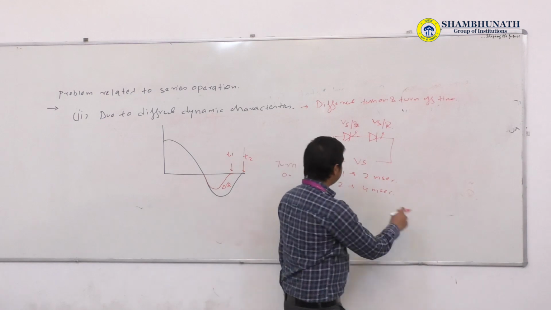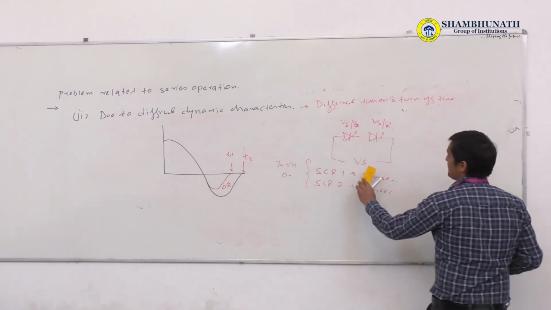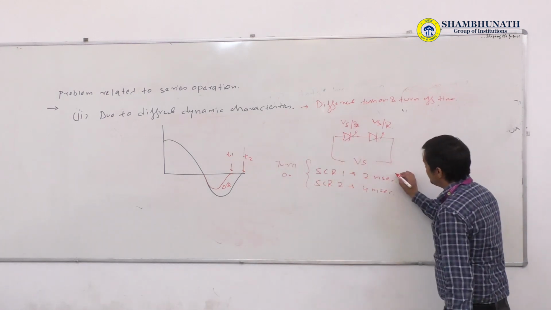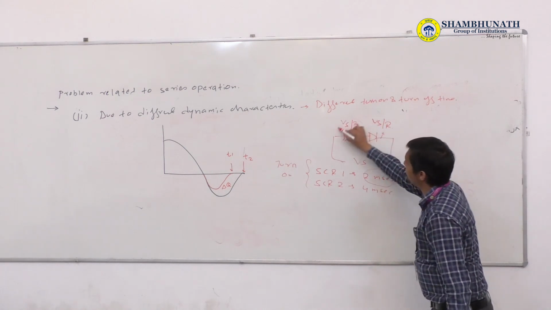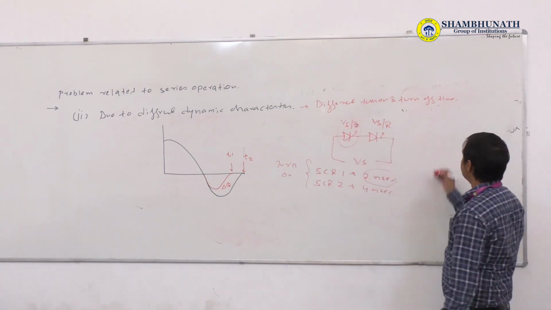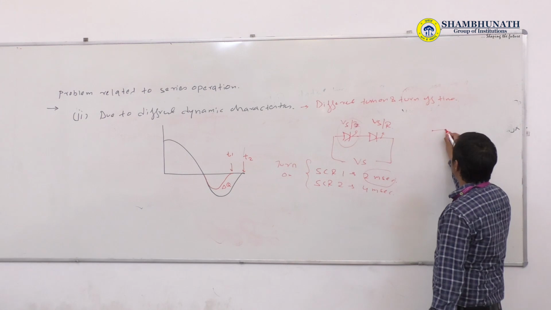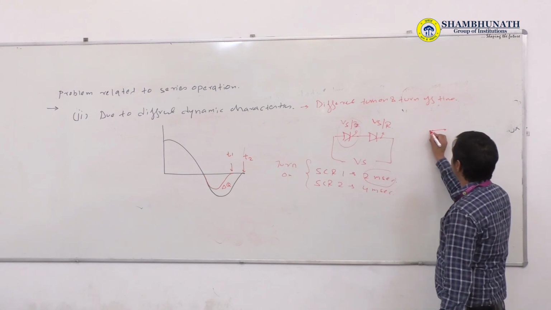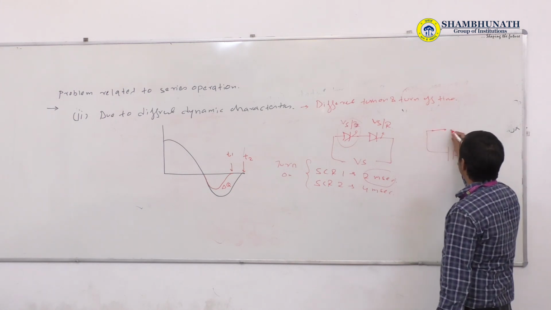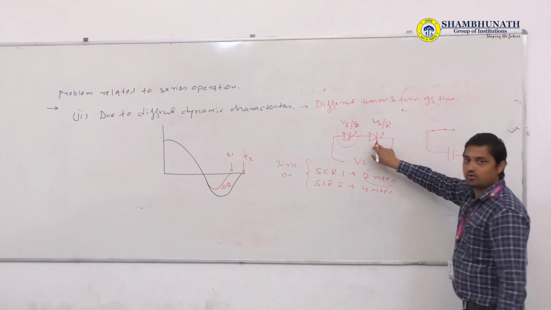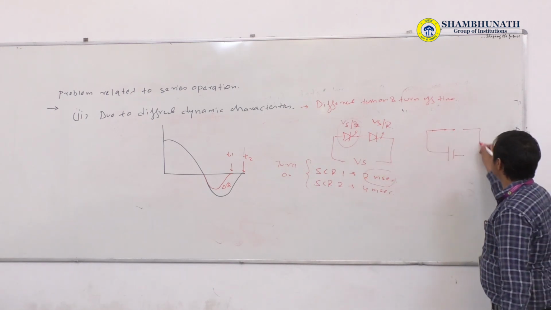Then as soon as the voltage is applied, after 2 milliseconds SCR1 gets turned on and behaves as a short circuit, while SCR2 is open circuited.